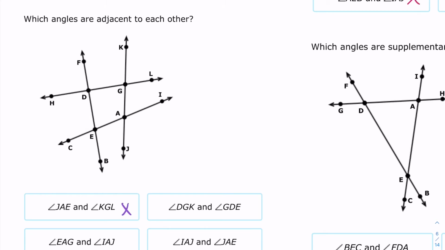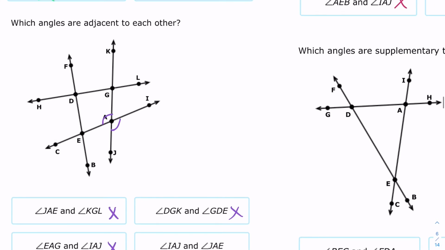DGK and GDE. Those are not adjacent. They're not side by side. Okay. The next one is EAG, which is this, and IAJ. Well, those are vertical, but they're not adjacent.